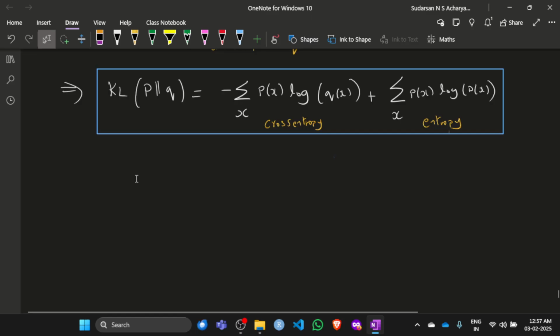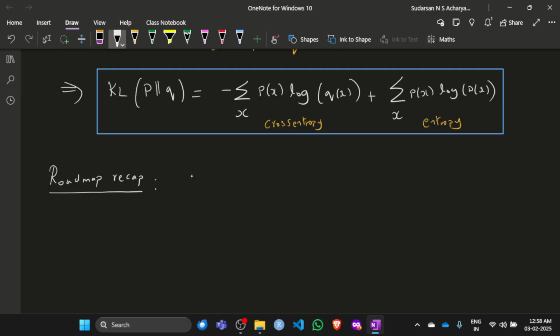Now remember the sequence that we talked about. We started with the expected value of a random variable, right? So this is just a quick roadmap recap. We talked about the expected value of a random variable, and from there we talked about the surprise of a random variable.